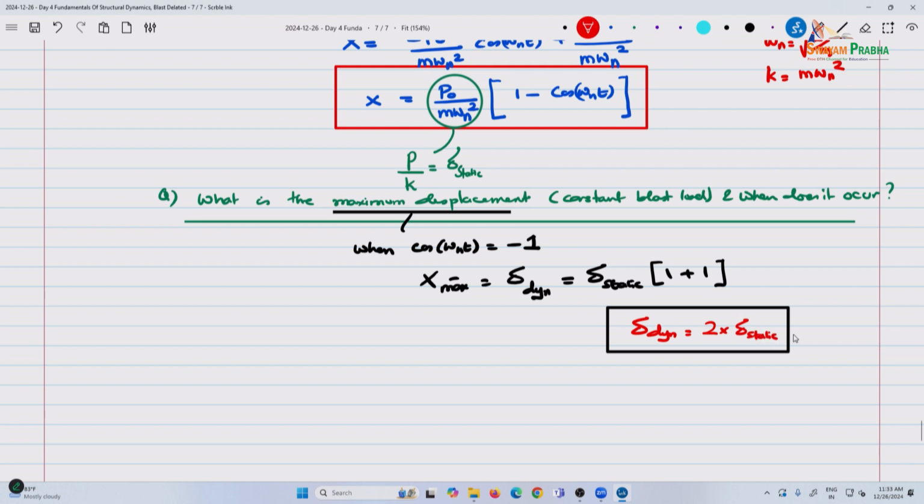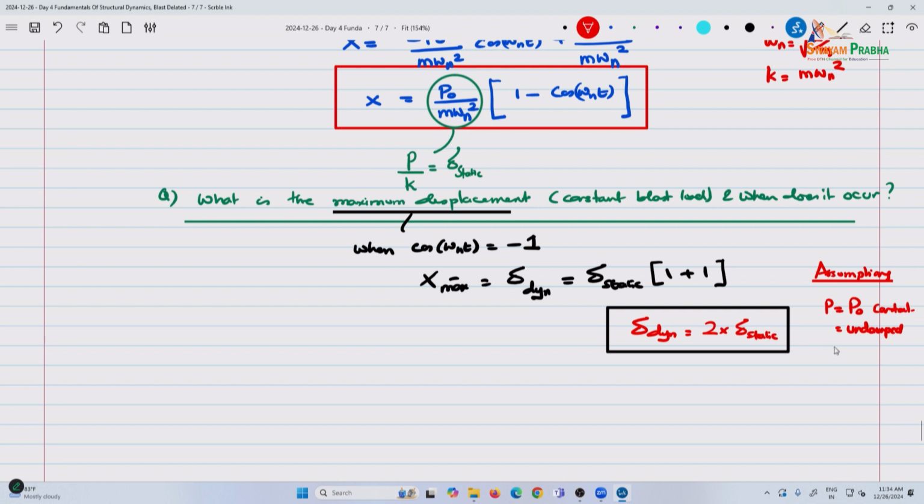and what are the assumptions on these conditions? Remember the assumptions part that we should never forget. What were the assumptions on this? Constant P naught, constant P, what else? Undamped, what else?